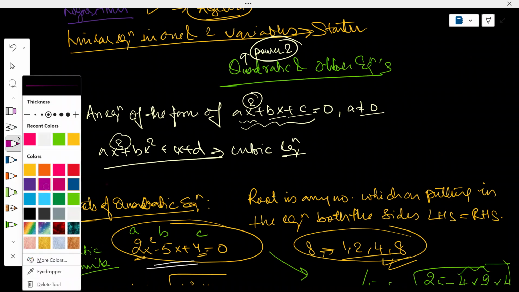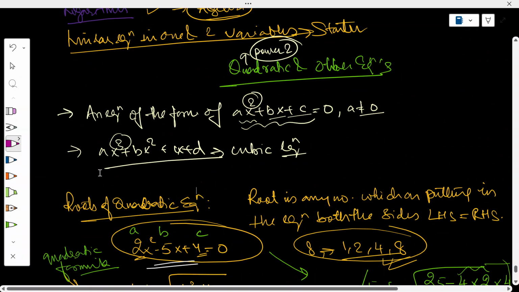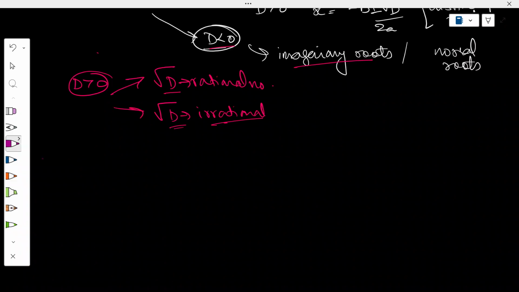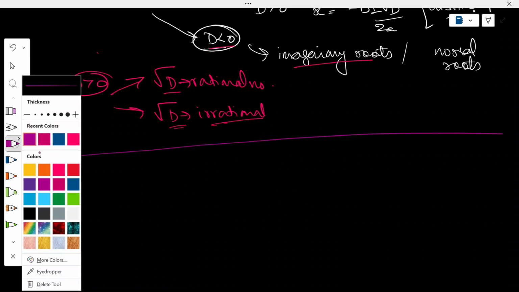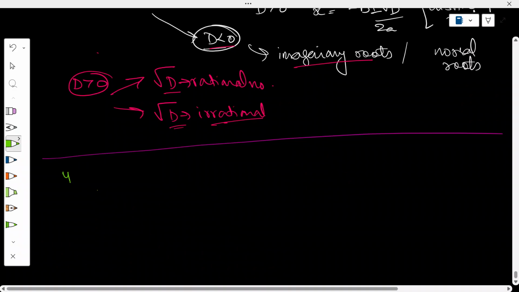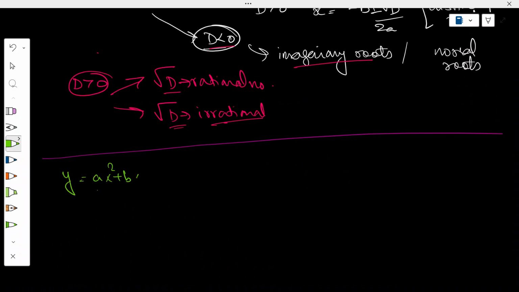Now let's look at some other properties of a quadratic equation. Suppose we want to picture how the quadratic equation looks. Let y equal ax square plus bx plus c. We know that this is a quadratic equation where a, b, c are real numbers, meaning any number which you can plot.